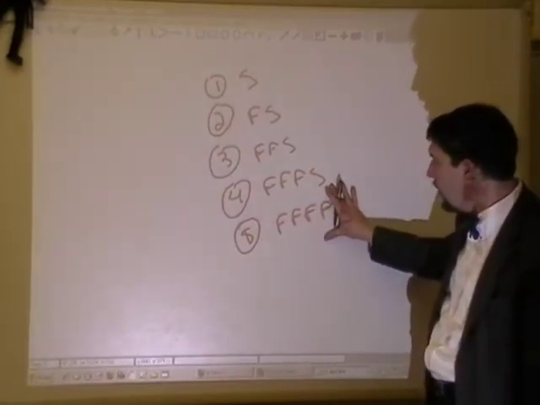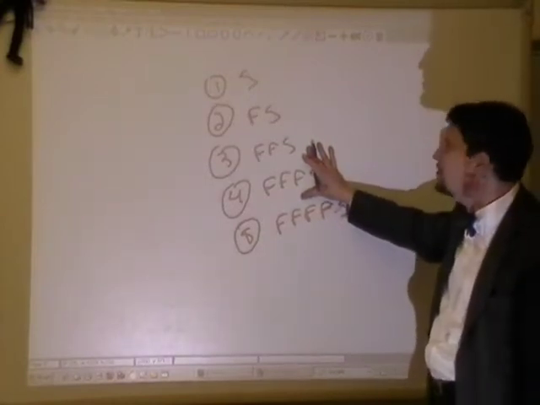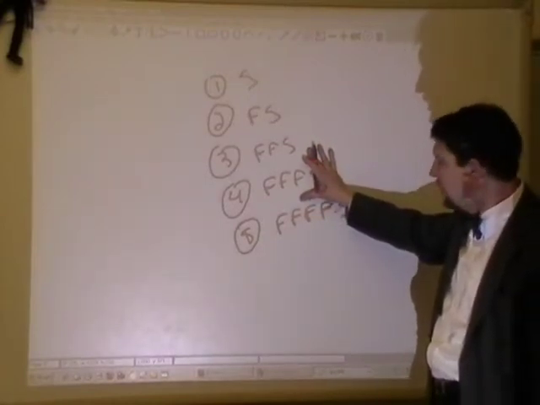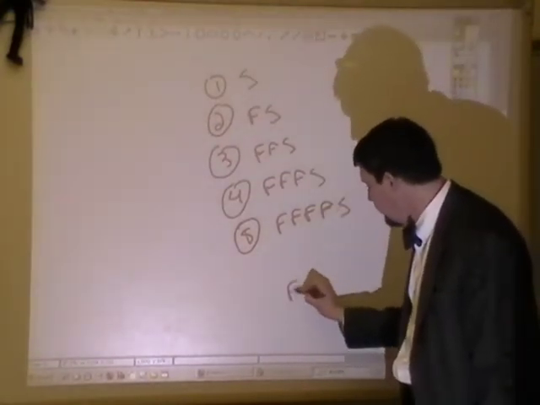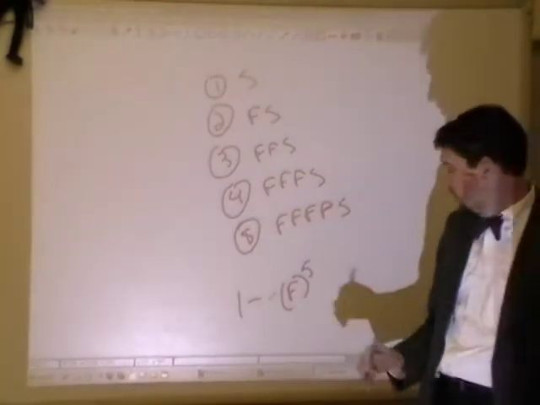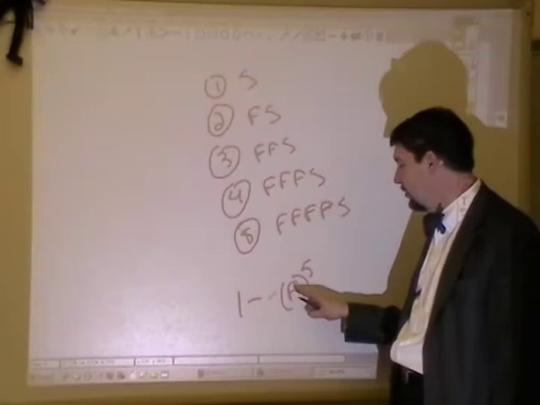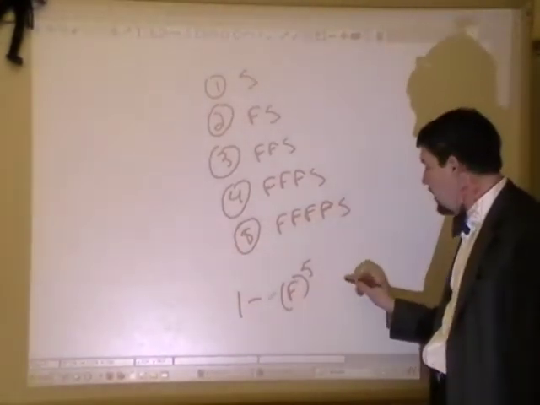Or what I could do is say that this is like an at least one statement. At least one is the complement of none. So I find the probability of having 5 failures, failure to the 5th power, and subtract that from 1. Here, none means none of the people have type AB blood.